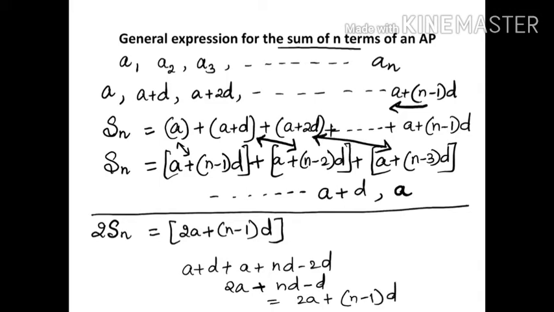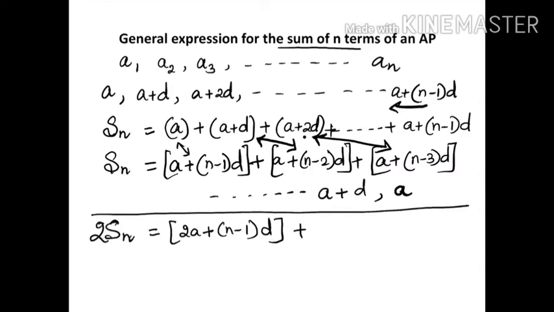In fact, all the corresponding terms when added, that is the third term of the first list and the third term of the second list, when added will also give us the same expression. So we get 2a plus (n minus 1)d as the second term of this sum.